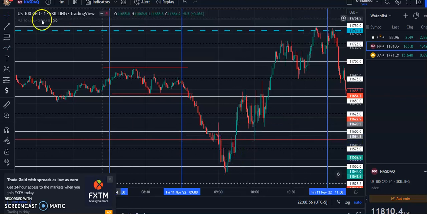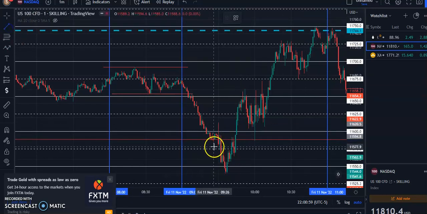Textbook setup. Now, this is where our neckline is.